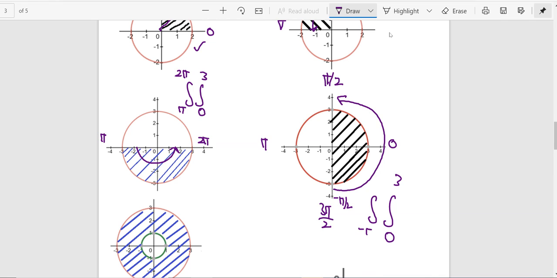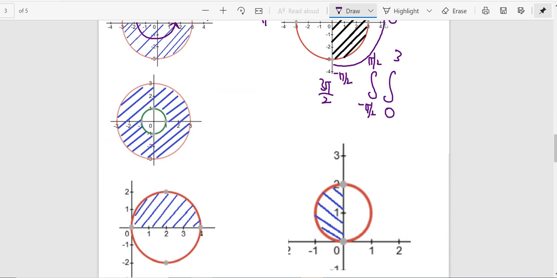It will be easier to take this form, because if you take 3 pi over 2 up to pi over 2, this one is not a complete circle. That's why we have to take negative pi over 2 up to pi over 2, because it only considers two quadrants, this quadrant and this quadrant.